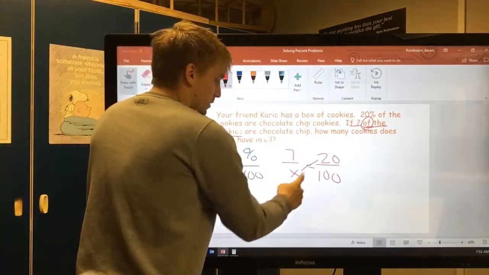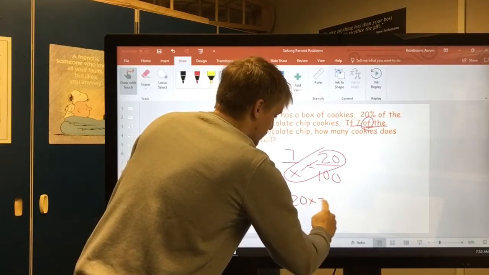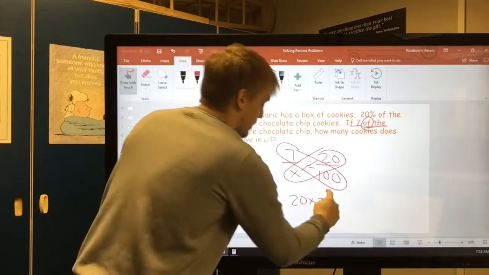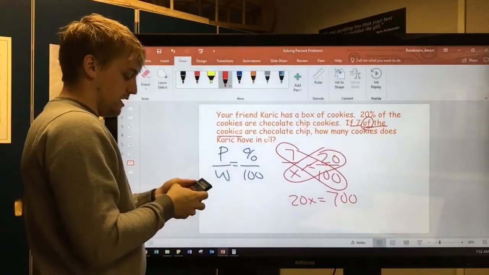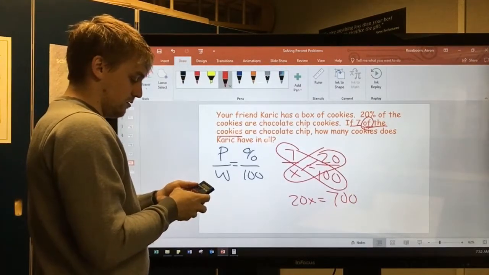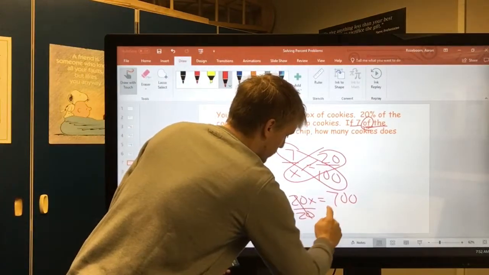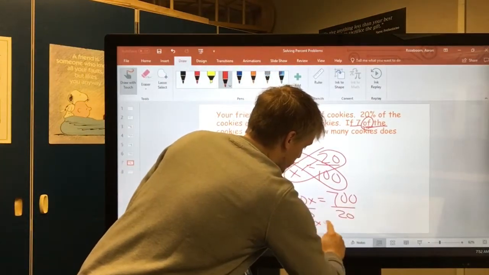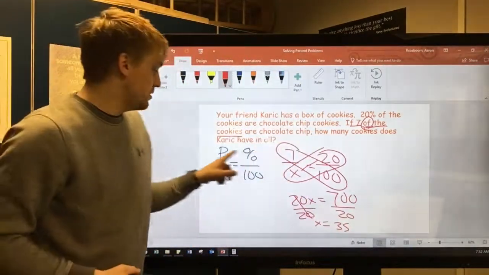So 20 times x is 20x. 7 times 100 is 700. You can take 700 divided by 20, and you get x equals 35. So how many cookies does Carrick have in all?